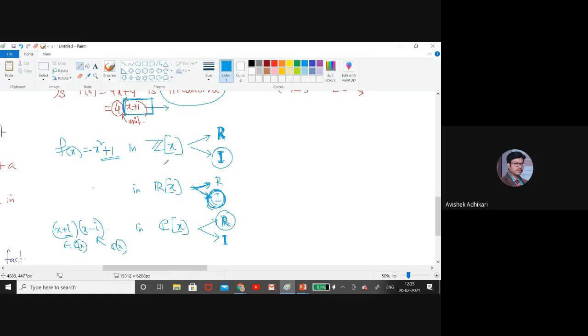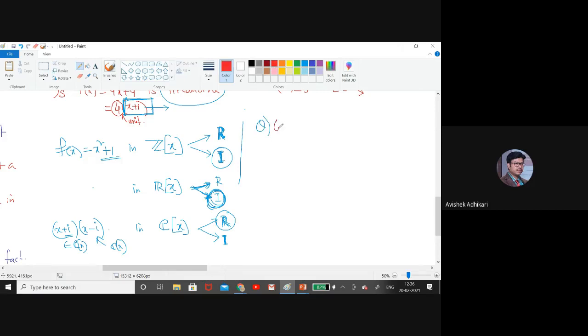Okay, so now you can understand that if F is a field, then of course, one degree polynomial over a field, what would it be?